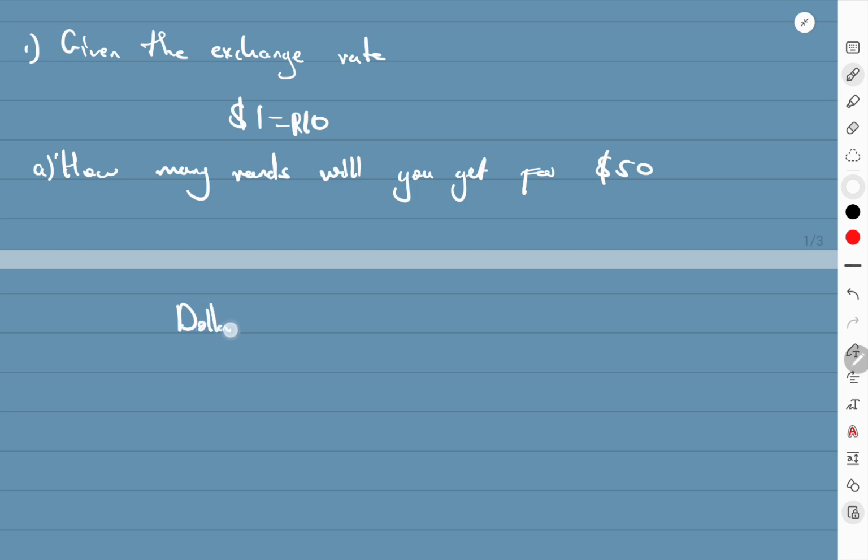Here I'm going to have my dollar with this particular symbol, and my rands with this particular symbol, the R. I know that $1 is the same as 10 rands. That is the buying power. It means $1 in America buys you the same item 10 rands would buy you in South Africa. Therefore $1 and 10 rands are the same, right? Now if you have $50, how many rands do you have?